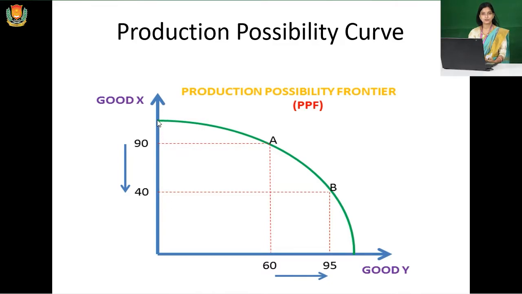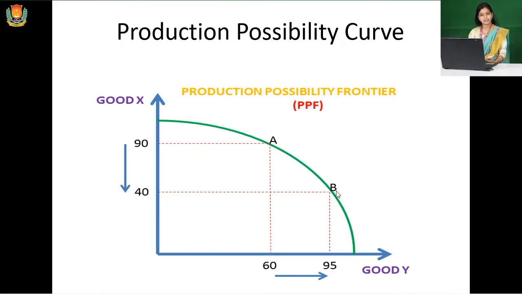It is more than 90, so it may be 100 units of X or 100 units of Y. But if you produce 100 units of X, at that time you are unable to produce any single unit of Y. And if you are producing 100 units of Y, you are also unable to produce any single unit of X. So this is the full capacity: you can produce either 100 units of X or 100 units of Y.